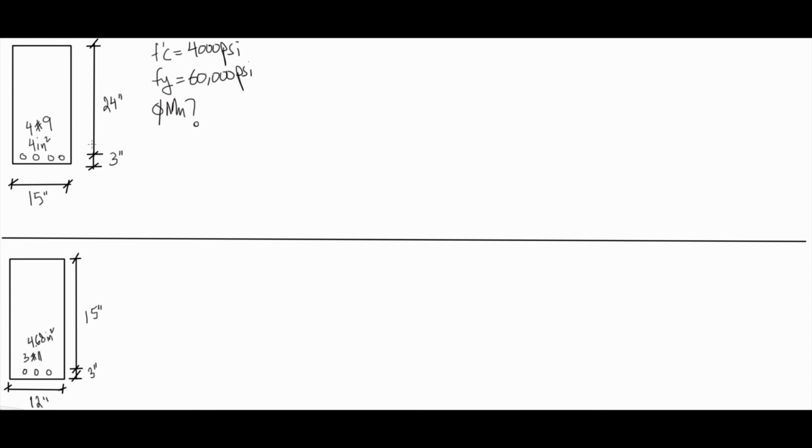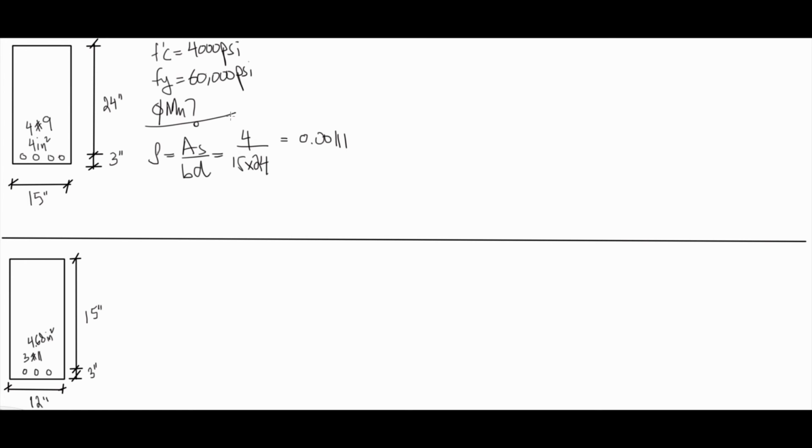Now, starting with the steel, rho is what? We have As and we have bd. So let's see, where am I? Which is 4 divided by 15 multiplied by 24. This gives me 0.00111.